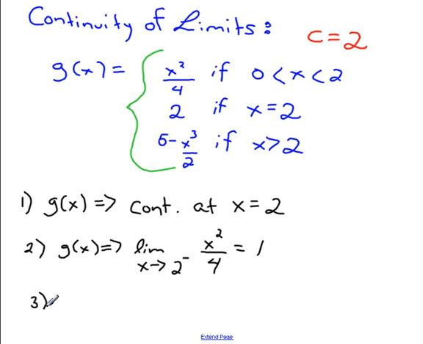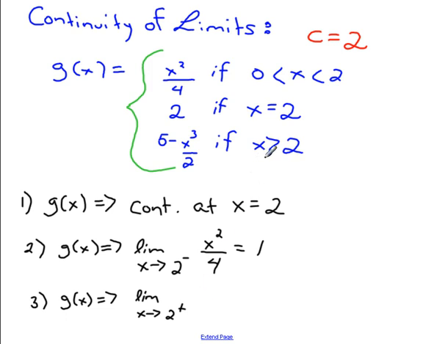So already we can see that there will probably be an issue. But let's continue and get the limit as x approaches 2. So make sure to write this down. From the positive side of what? Well, what's left is the 5 minus x cubed over 2.